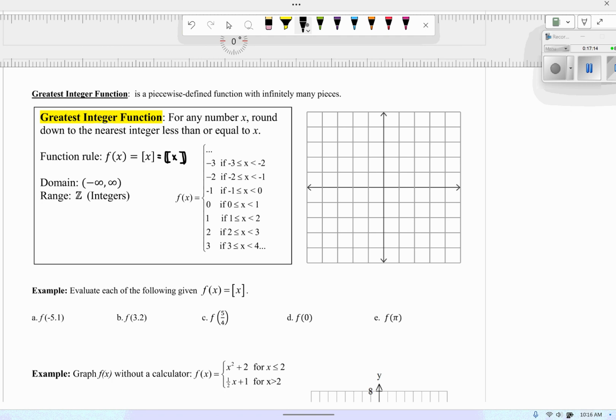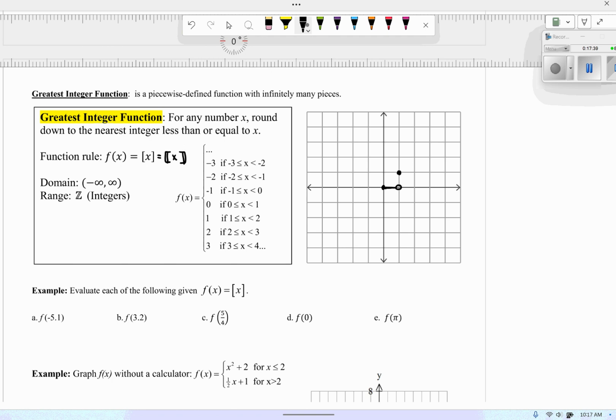So if we're always rounding down to the nearest integer, let's start at 0. 0 is an integer. So from 0 to 1, at 1 we would have an open circle, because once you get to 1, then that's an integer, and so you have to jump up to here. But anything in between 0 and 1 is going to round down to 0.